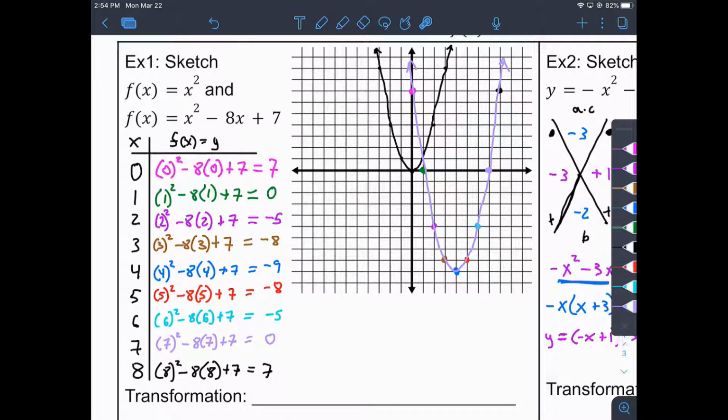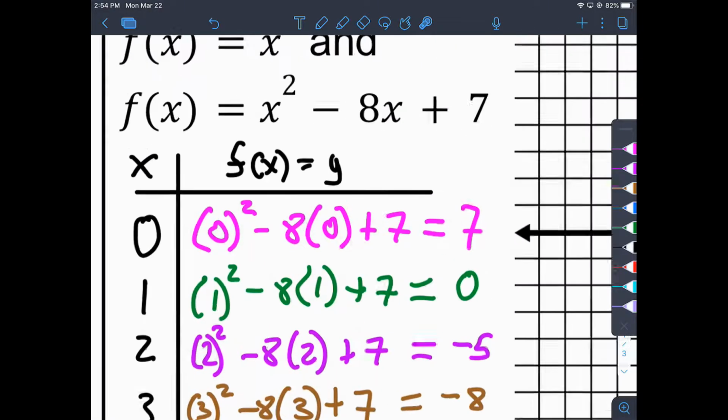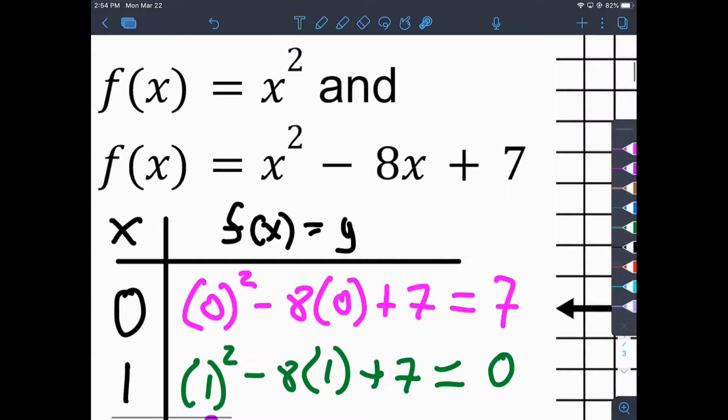The first is let's look at a comparison between the original parent function y equals x squared and one that has some transformations done to it, this x squared minus 8x plus 7. First off, we would already know some of the transformations. We would know because the a value is not written that it's a 1, which means it's not going to get skinnier and it's not going to get wider.